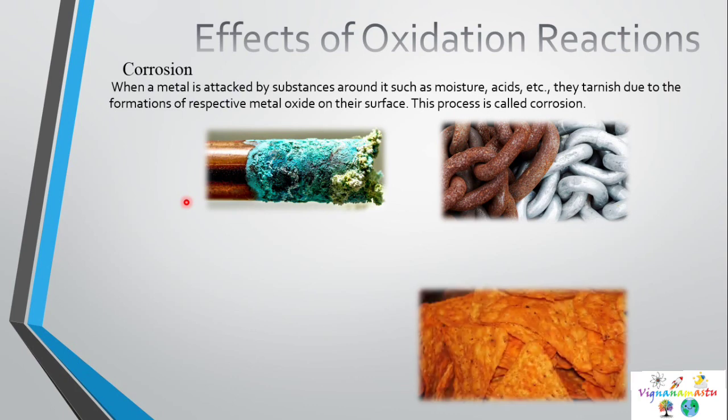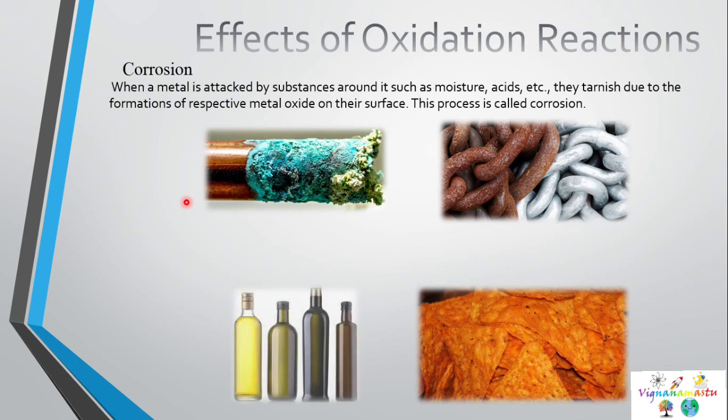Another thing, the food you eat, after some time it loses its taste and you can't eat it anymore, and also the oil, its color gets changed, and it starts smelling.